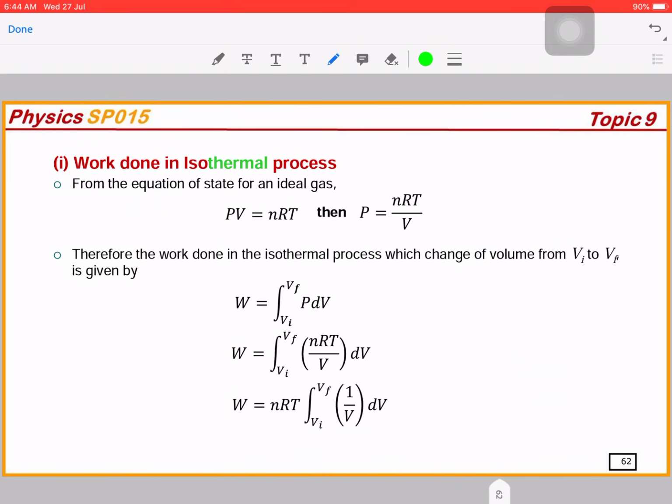Okay, you substitute the values, you will have W is equal to nRT, integration of VI to VF of 1 over V dV. Okay, ingat because the integration is in terms of V, so we can put everything in front of the integration.